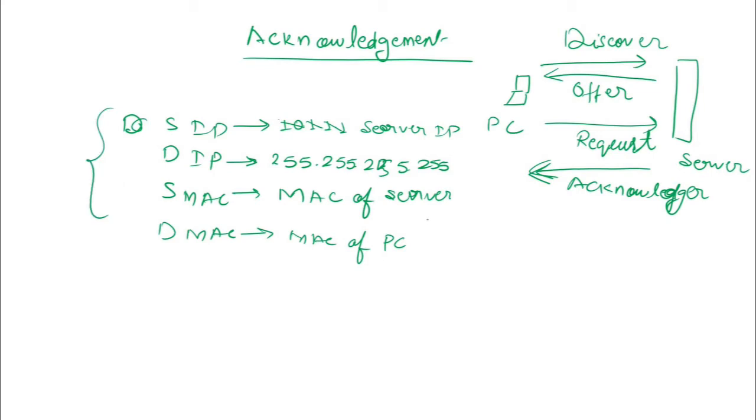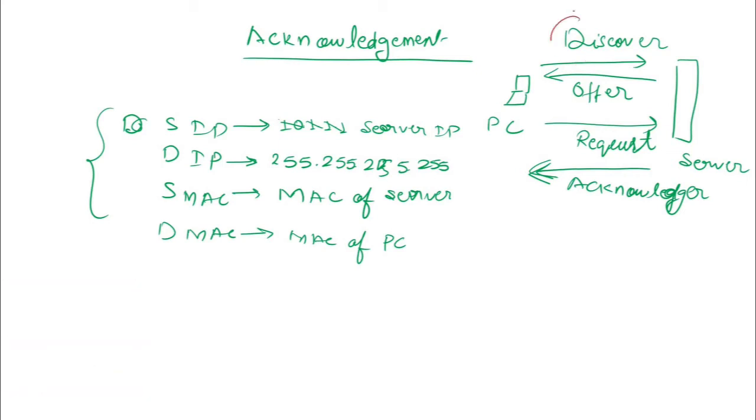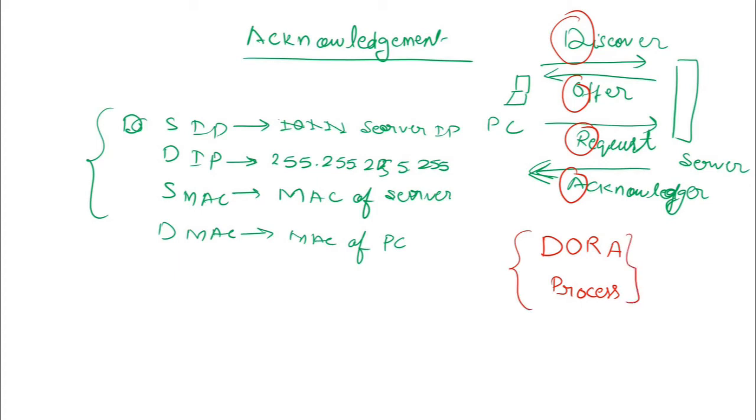So we have covered the 4 messages: discover, offer, request, and acknowledgement. That is also known as the DORA process. Whenever we are having the IP assignment via DHCP, people used to ask in the interviews what is that DORA process in the DHCP.